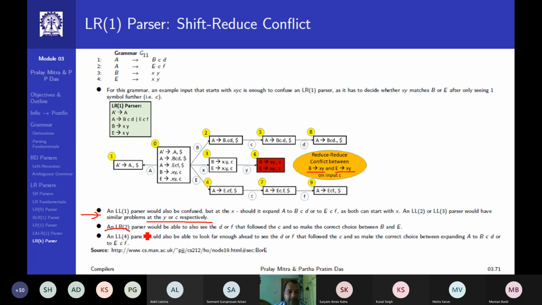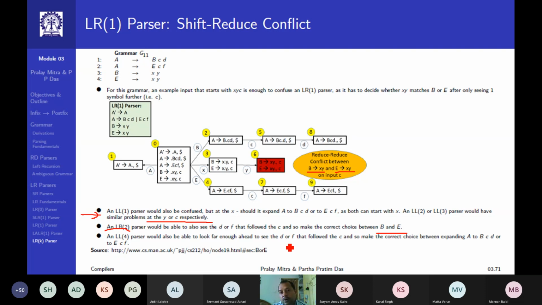Now if I look at an LR2 parser, an LR parser with 2 lookahead symbols, it would be able to see the D or F that followed the C and so make the correct choice between B and E. So from here it is also clear, what we have shown through the Venn diagram, that LR parsers are powerful compared to the LL parsers. Now an LL parser with 4 lookahead symbols would also be able to look far enough ahead to see the D or F that follows C, and so make the correct choice between expanding A to B, C, D or to E, C, F.